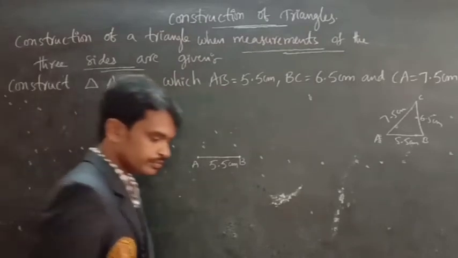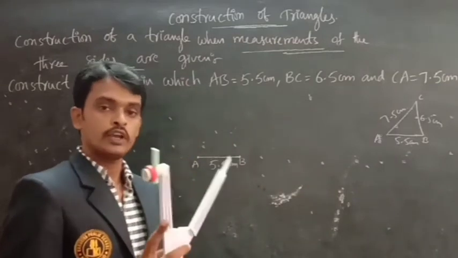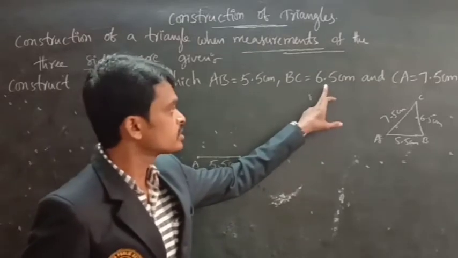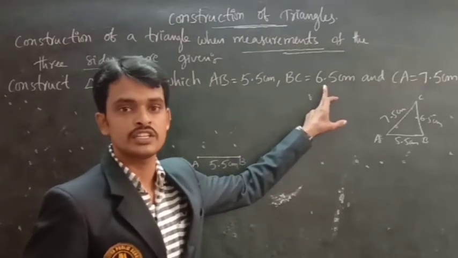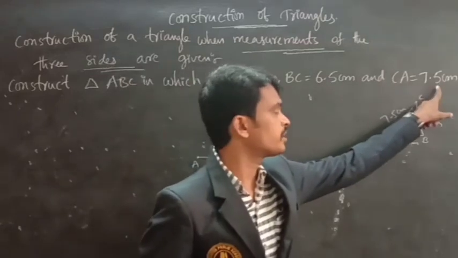Next, second step: using a compass, you should take 6.5 centimeters length, or you can take 7.5 centimeters.